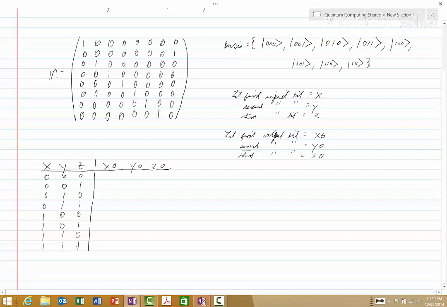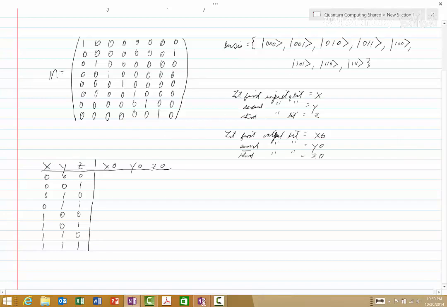Now let's figure out how to fill in the information for XO, YO, and ZO. Okay, so when X and Y and Z are 0, this means we are in the 0, 0, 0 state, because remember, X is the first input, I should say here, qubit, actually.